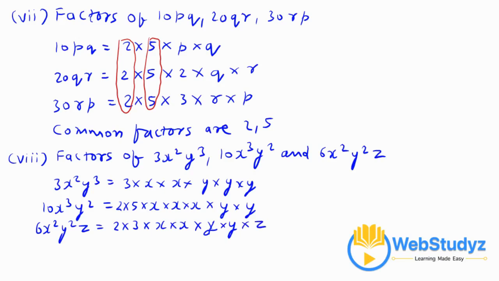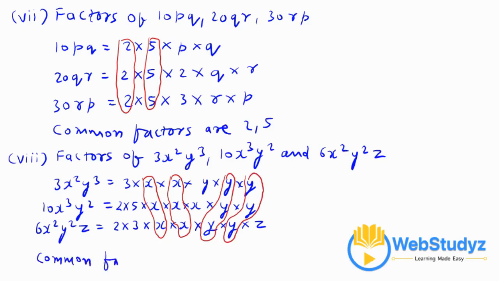So the common factors will be x, x, y, y. That means we can write that common factors are x, x, y, y.